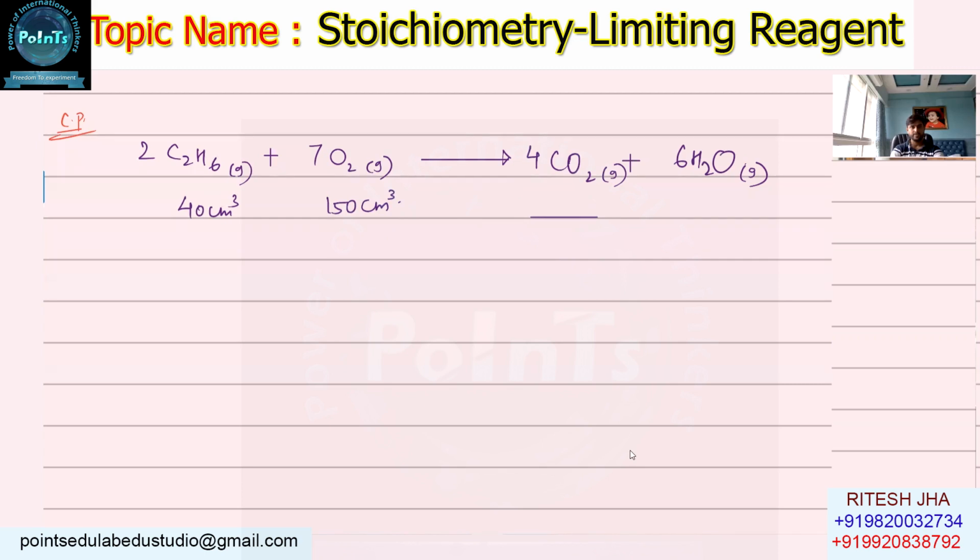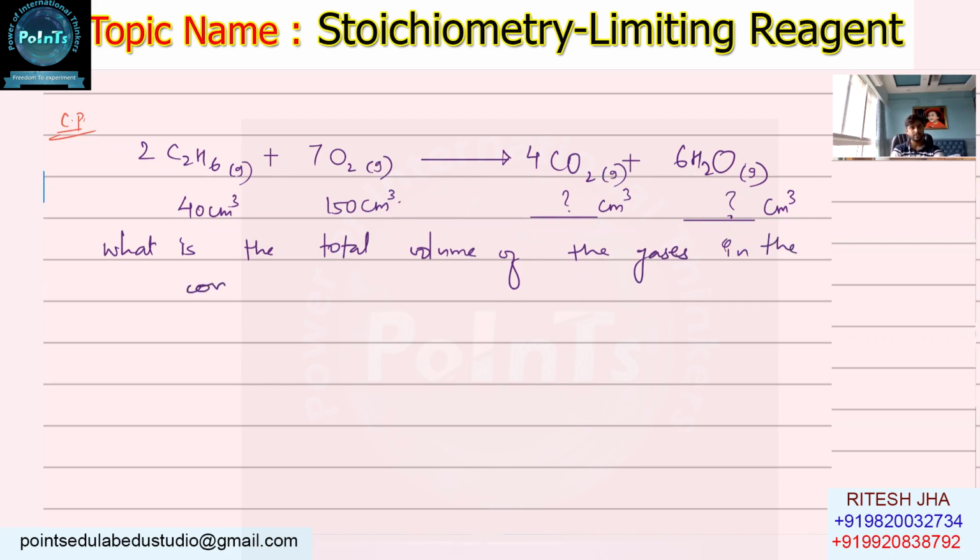What you have to determine is how many cm cube of CO2 will be formed, how many cm cube of H2O will be formed, and also the total volume of the gases in the container at the end of the reaction.